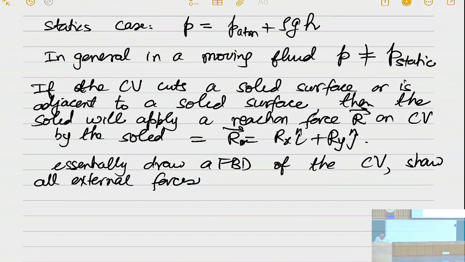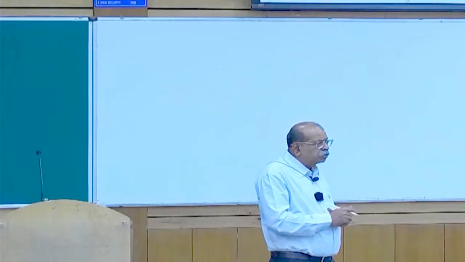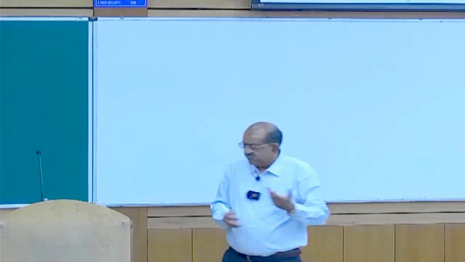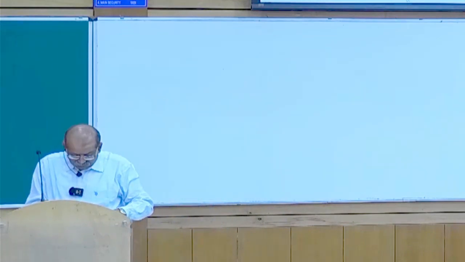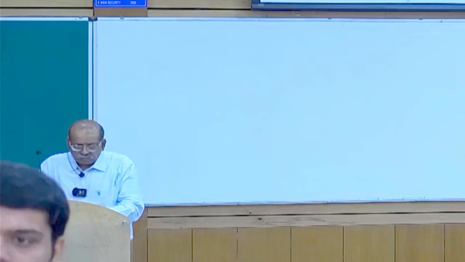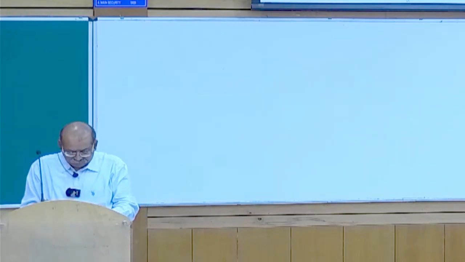And typically these external forces will be forces due to pressure and the reaction forces. If we neglect the viscous forces, then these will be the two forces which have to be found out, and that is what you then will be working on.